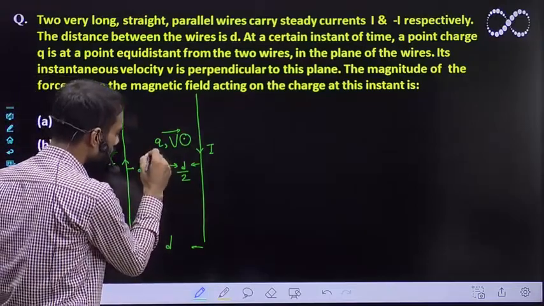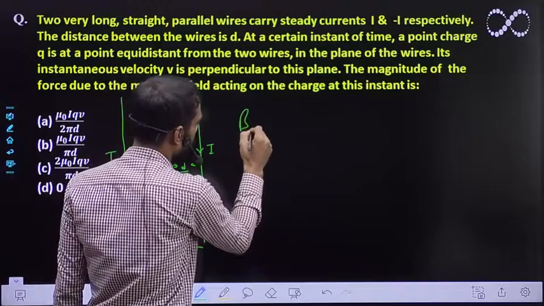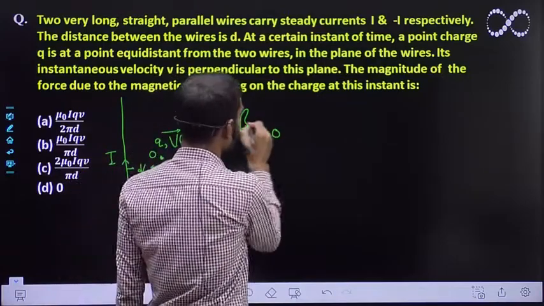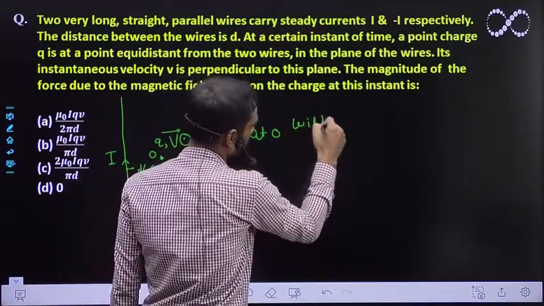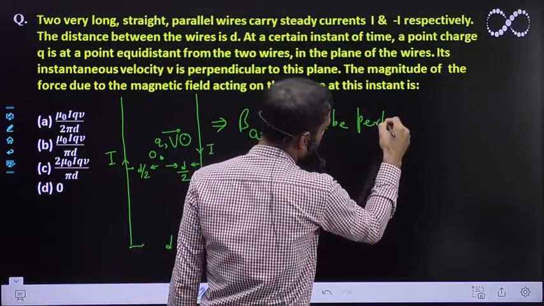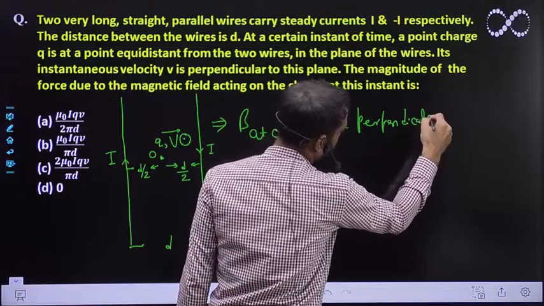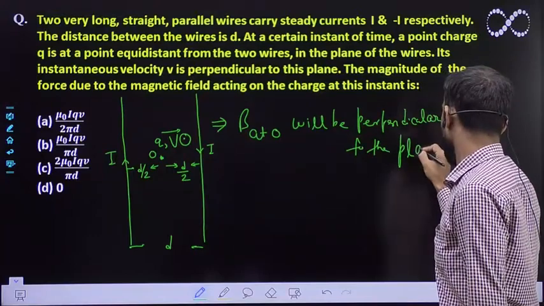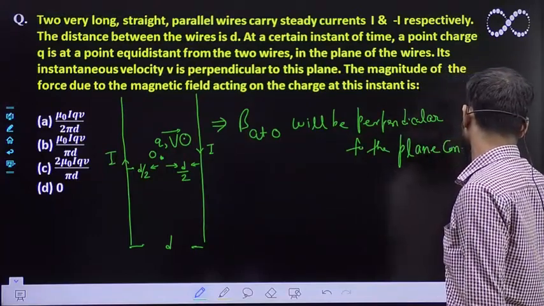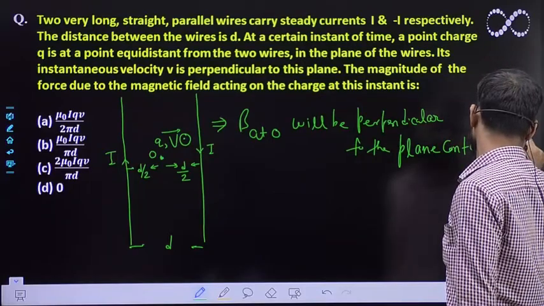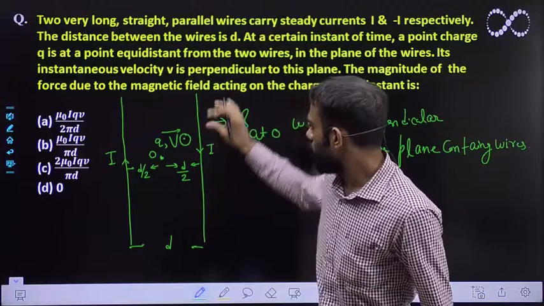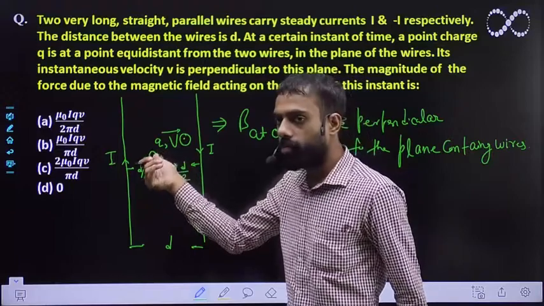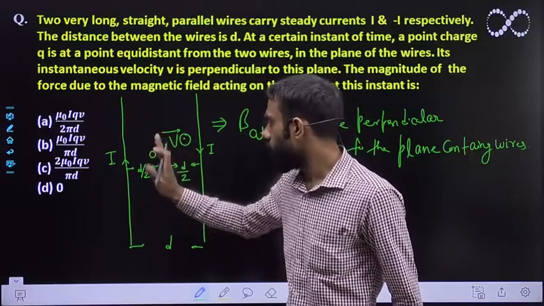Let us call this point O. The magnetic field at O will be perpendicular to the plane containing the wires, because for both the wires the field will be perpendicular to the plane. So the summation of both the fields will be perpendicular to the plane only.